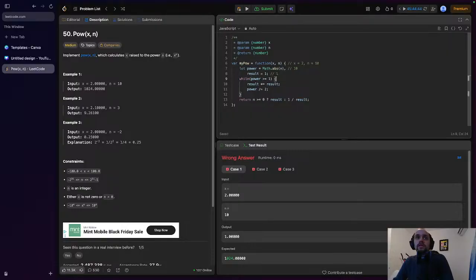Power is 10. So result times equals. I'll just say this is x. And we'll do an escape hatch if n equals 0. Return 1. Is it only whole numbers by chance?